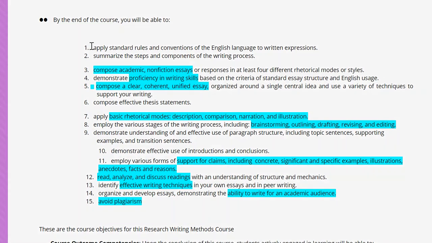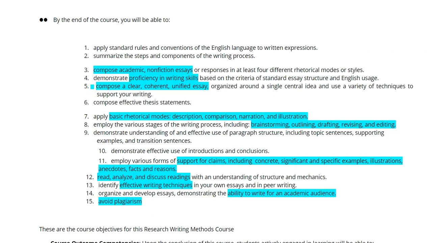And that's this list of 15 items. I've highlighted the hot buttons on this, and so you can see that one of the things that you were supposed to be able to do is understand language and written expression, and to summarize the steps and components of a writing process.